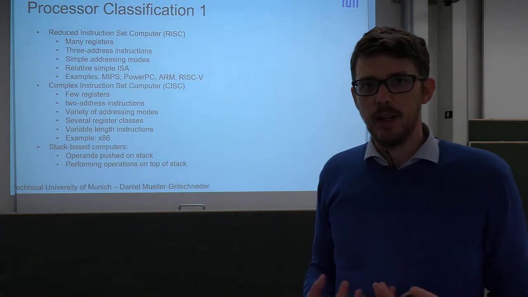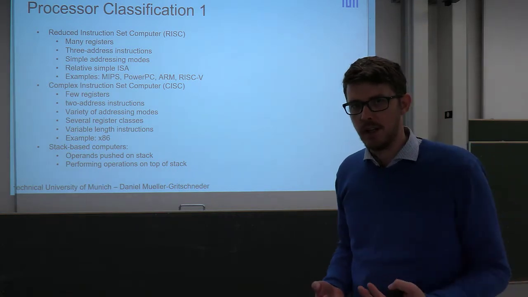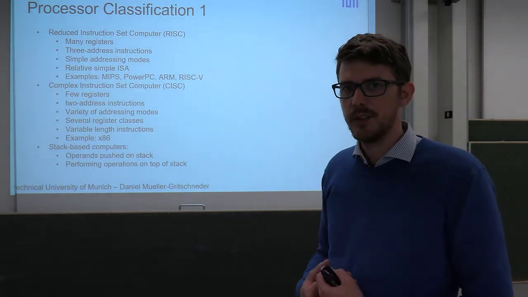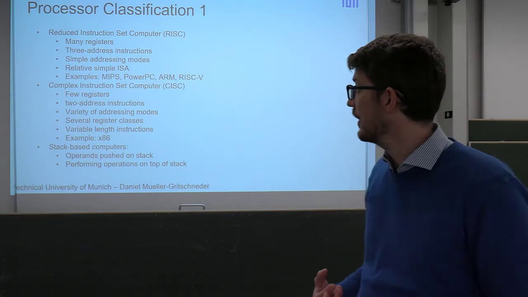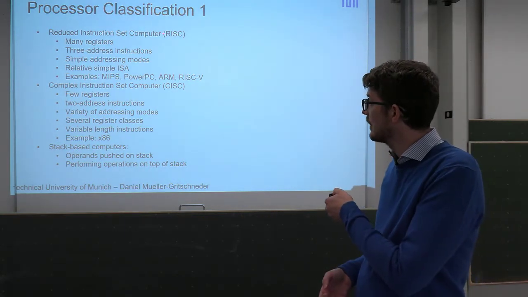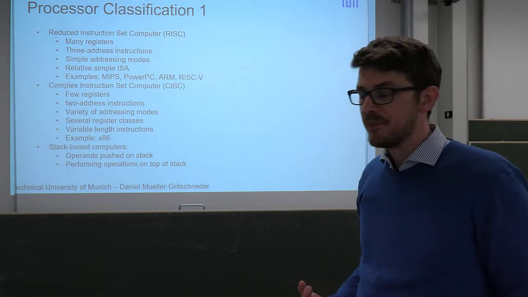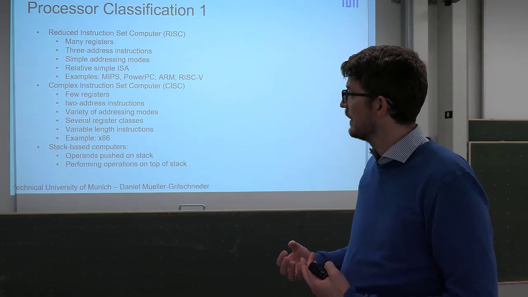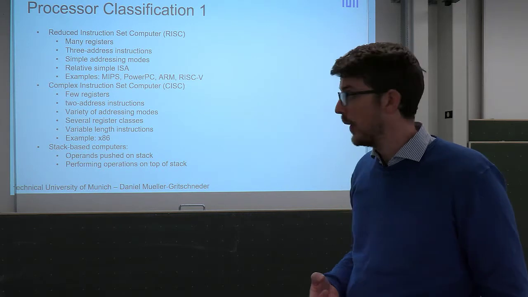Now we have already seen a little bit that we are looking into RISC processors. So what is really a RISC processor? If we try to classify processors, we have these RISC type processors, and the idea of them is they have a lot of registers.